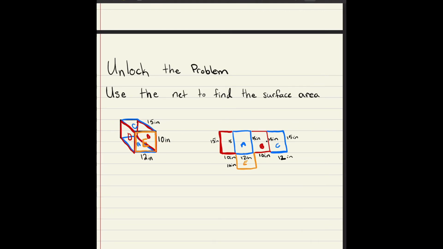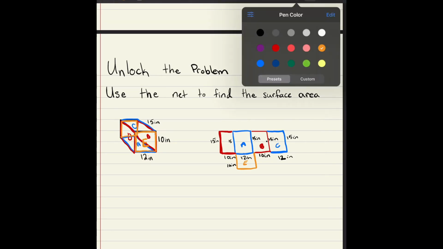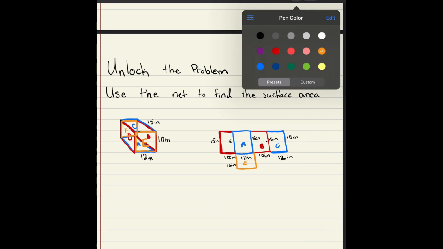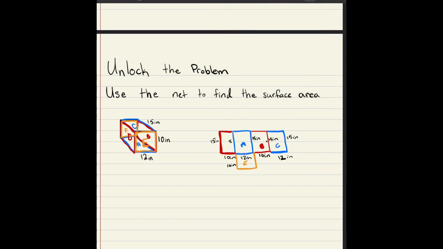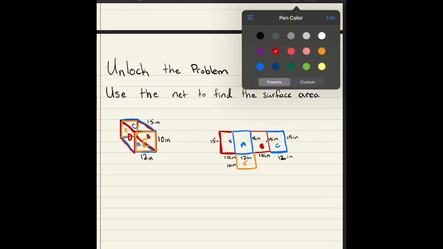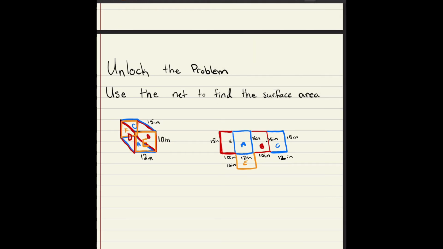Then my other base would be in the back here, and this would be F. And it is coming off on the other side of A. And it is parallel to E, so it has the same dimension.